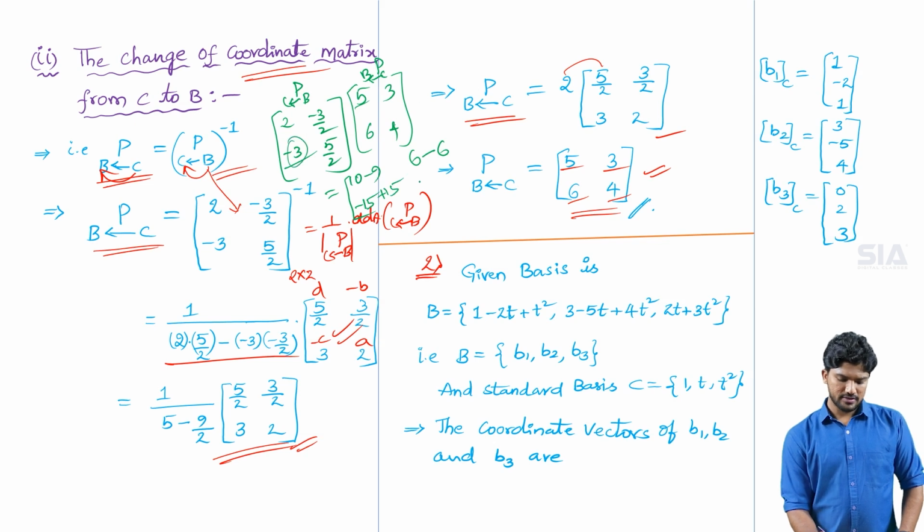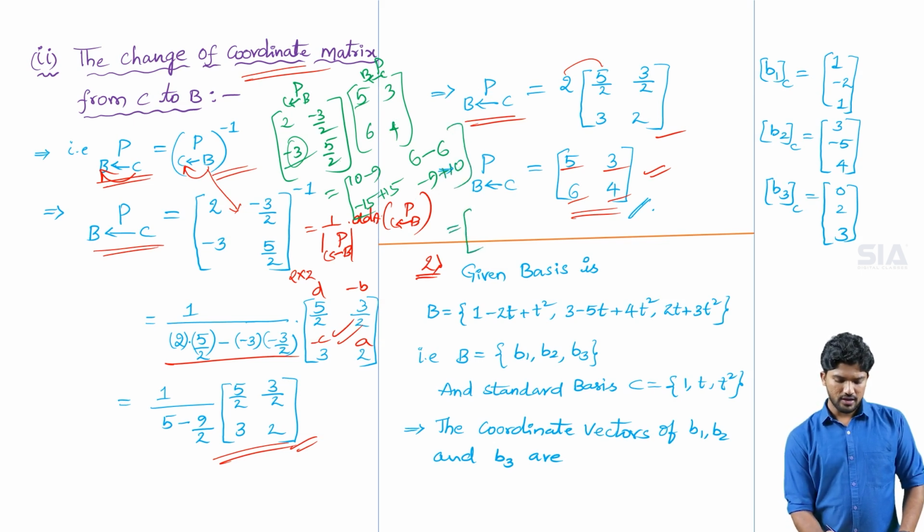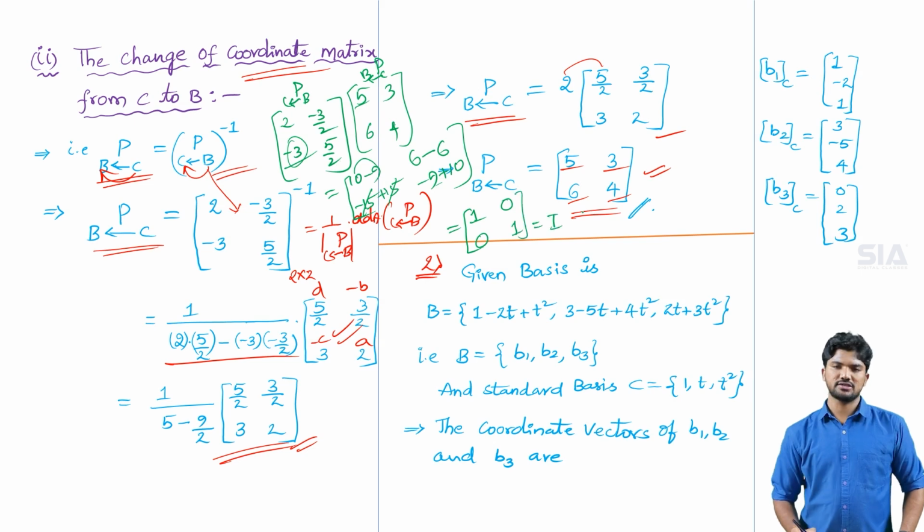Then minus 3 into 3 is minus 9, plus 5/2 into 4 is plus 10. So in this format you will get 10 minus 9 is 1, 6 minus 6 is 0, minus 15 plus 15 is 0, minus 9 plus 10 is 1. What is this? Identity matrix only.